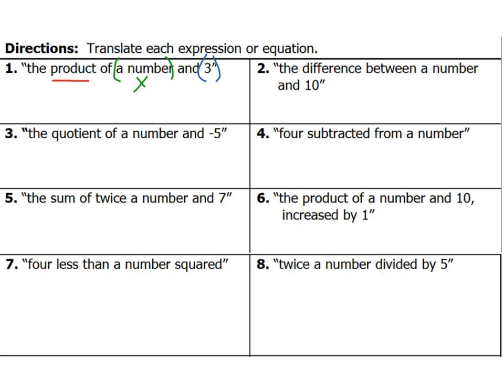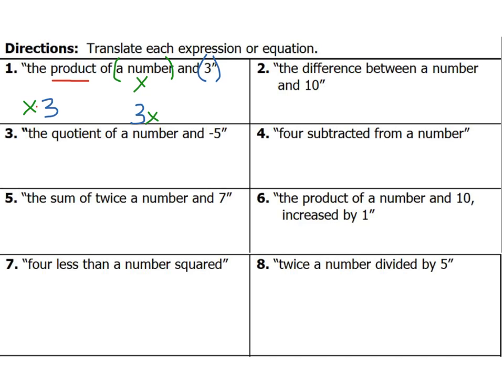There's 2 different ways to do it. You can write the product of a number times 3, or a better way to write it would just be 3x, because if you remember from our previous lesson, the coefficient of a variable term needs to go in front of the variable. Okay?